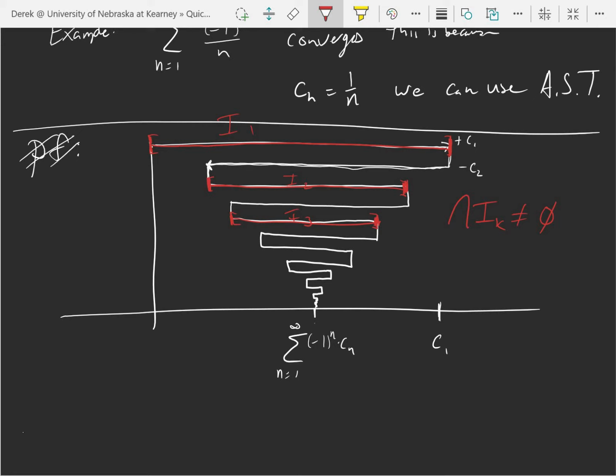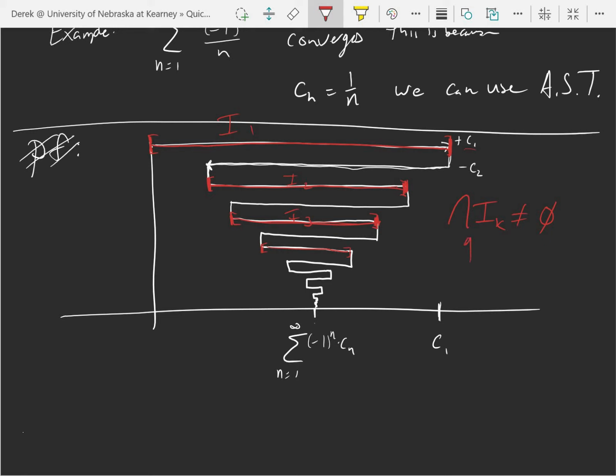The other part that we get is that the lengths of these intervals are equal to one of the c sub i's. So the length of the first one is c1. The length of this guy is c3. The length of this guy is c5. The length of the next one would be c7. And those lengths are decreasing to 0.